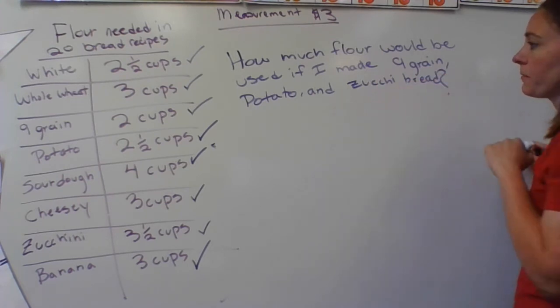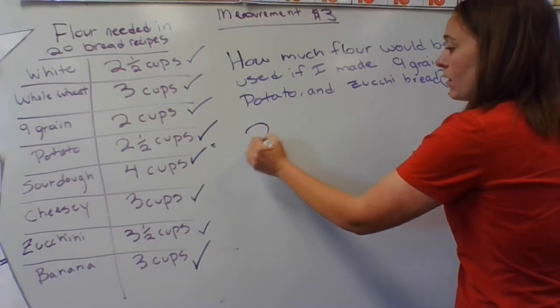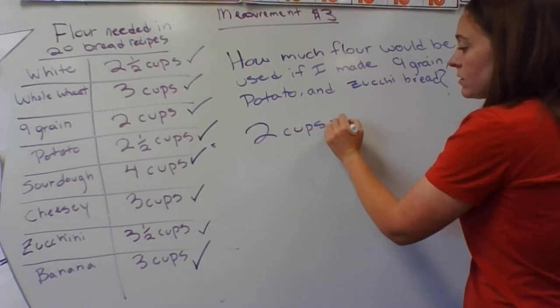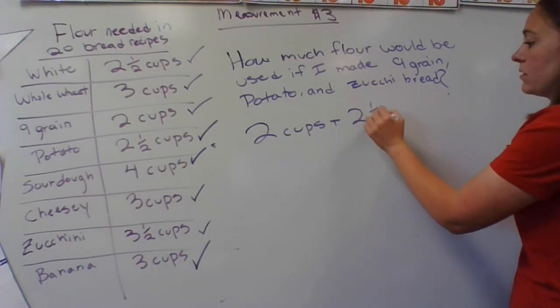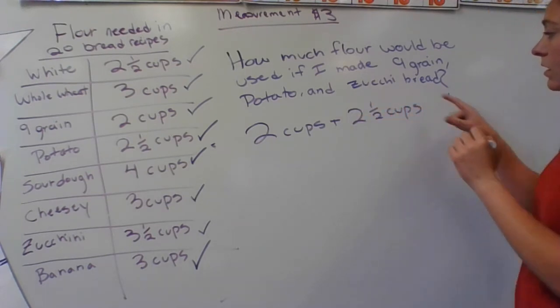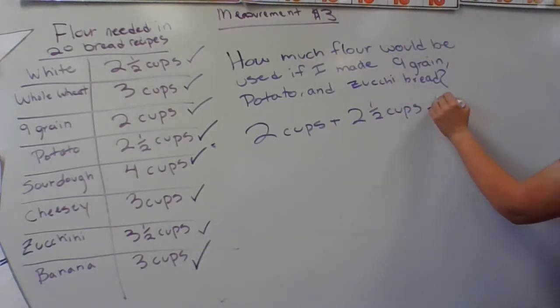Don't know why I put a comma there. Okay, so then I have to find that. So 9 grain is 2 cups. Don't forget your units. Plus potato bread is 2.5 cups. And zucchini bread is 3.5 cups. And then we would add those up.